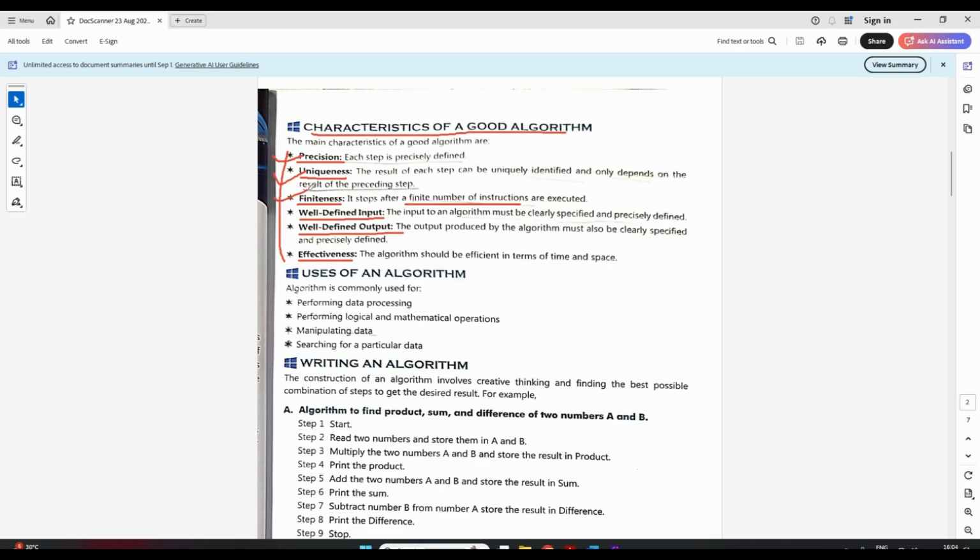Finiteness means my algorithm shouldn't go on in a loop or have an infinite number of steps. It should have a finite number of steps, right? Then it should have well-defined input. The inputs in my algorithm should be well-defined. Then output, I should have a well-defined and precise output for my algorithm. And last is the effectiveness. The algorithm should be efficient in terms of time and space. Clear?